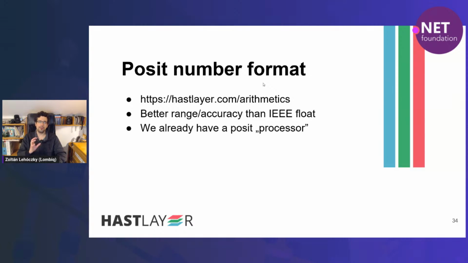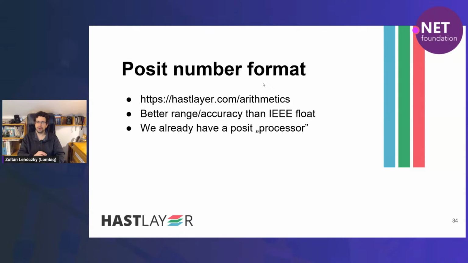Now, there's a number type called posit that promises to be better than doubles and floats. It offers better range and at the same time better accuracy with the same amount of bits. And yeah, it's an interesting research area. We also created a .NET library that allows you to use posit numbers in any .NET software.